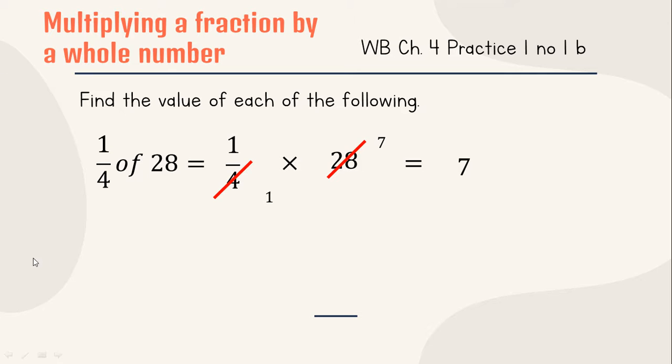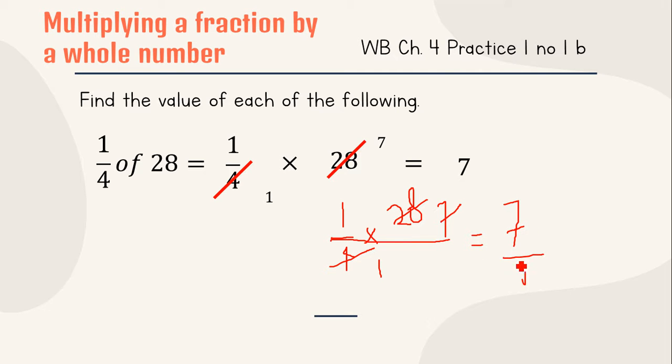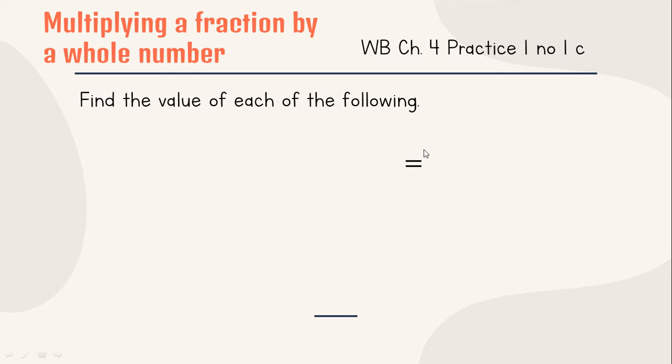Do you understand why it can be 7? Because 1 per 4 times 28. This one, right? Like this. This and this, 7. This is 1. So 7 times 1, 7 per 1, which is 7.